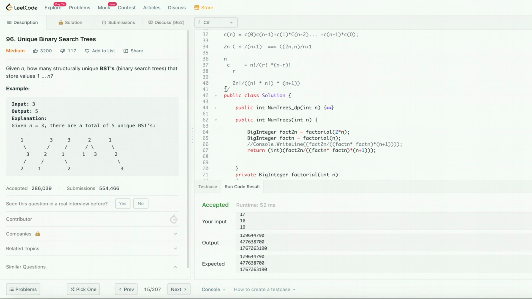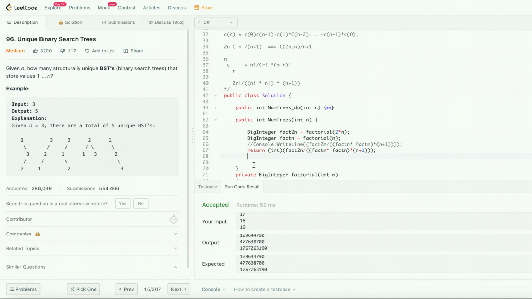So just by following this, I need to calculate the 2n factorial first and n factorial. So that is what I am doing here, 2n factorial and n factorial, and then returning 2n factorial by n factorial into n plus 1. So this is a simple approach, right.